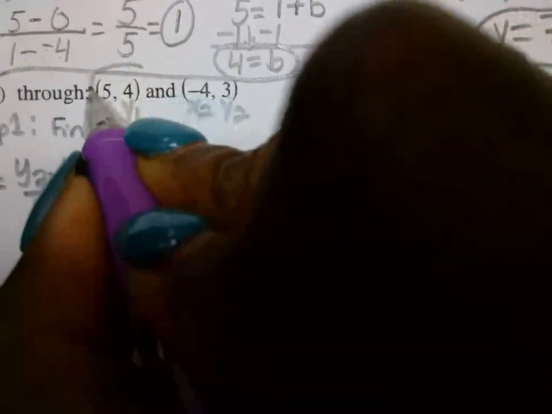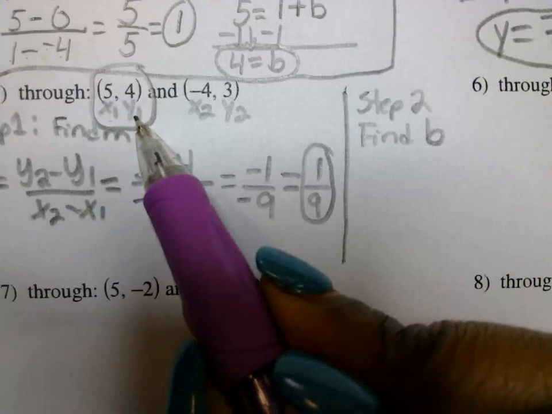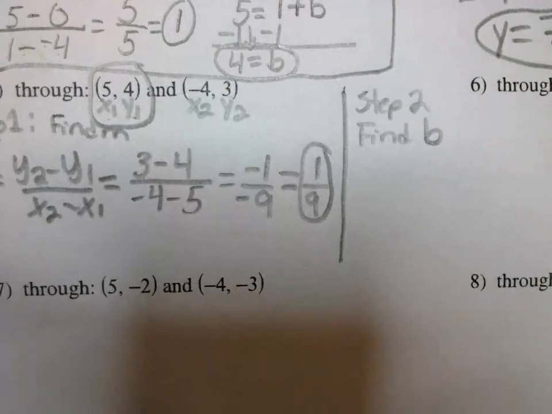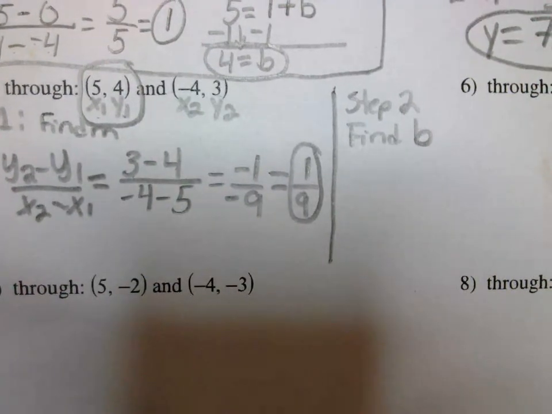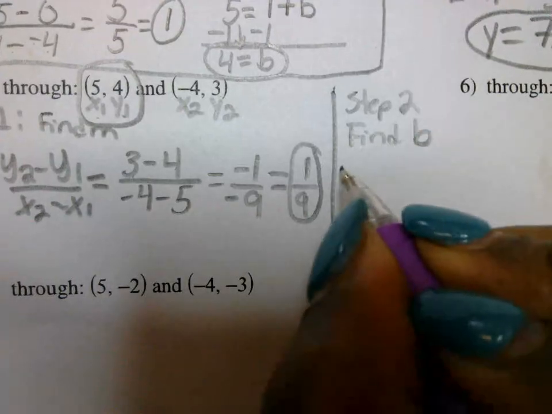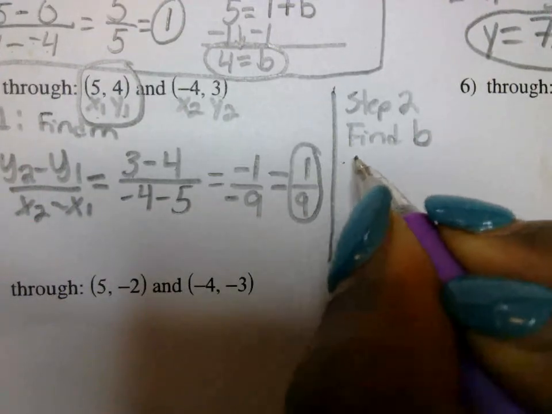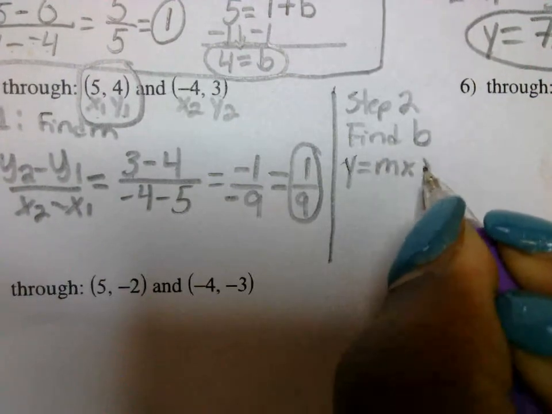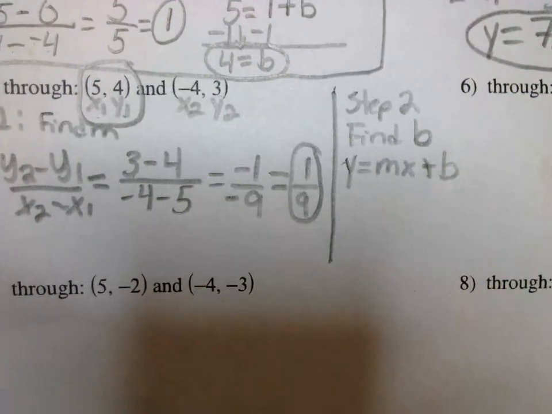I think 5, 4, because they're both positive. What do we use to solve for B? Y equals mx plus B. Good job.